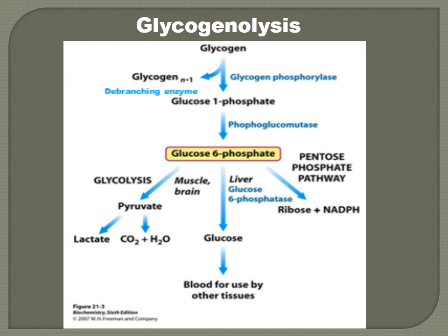It can either enter muscle and brain, where it is completely oxidized to pyruvate and also to lactate, or in the liver cell it can be dephosphorylated to form glucose and released into the blood for use by other tissues, as well as to maintain the blood glucose level. Or if there is a requirement of ribose sugar and NADPH, the glucose 6-phosphate can also be channeled to the pentose phosphate pathway.